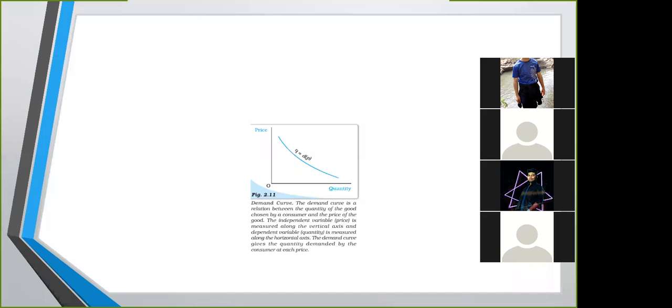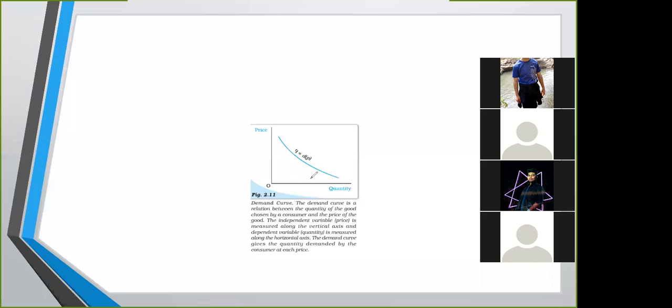This will be the demand curve. You see, we are taking price here and quantity demanded here, and there's a negative relationship between the two, meaning that for every price there's a quantity of commodity, but as the price increases the demand comes down. Let's see how.